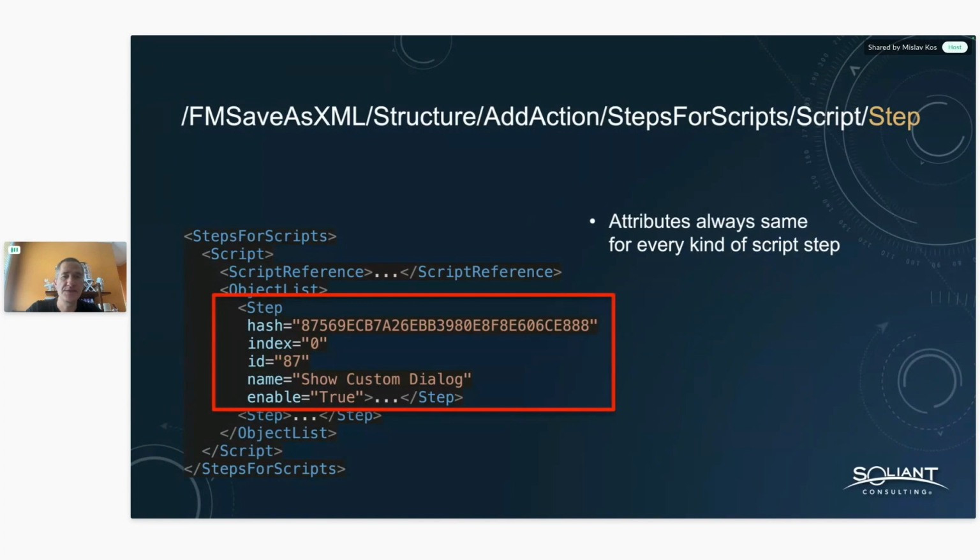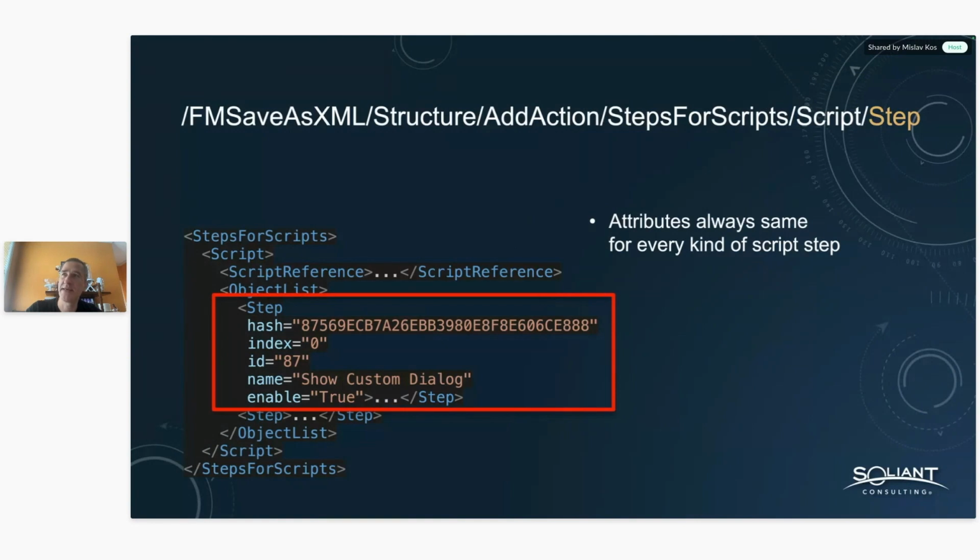If anything is different inside of that script step, it's going to have a different hash, and we'll know that something changed because the hash will be different. We also see the index, which is our script line number, and then the internal ID and the name. These attributes are going to be the same for all script steps, but because there are many different kinds of script steps, the stuff that's different is inside, in the child elements of the script step.